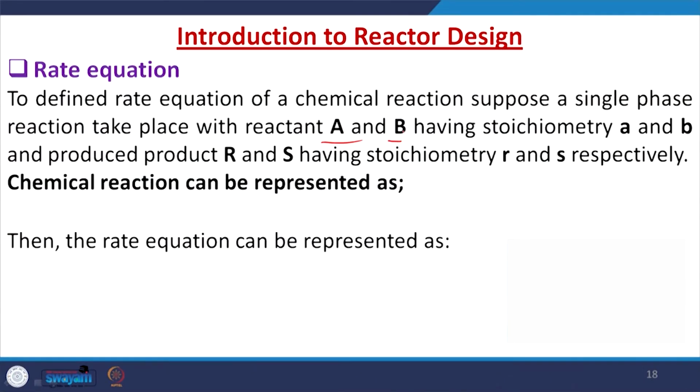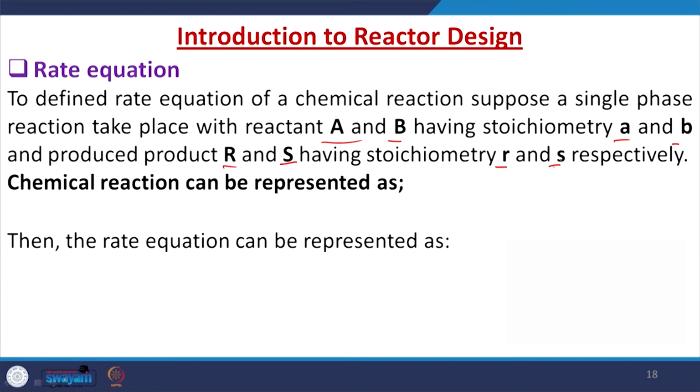Now let's have a brief look at the rate equation. To define the rate equation of a chemical reaction, and this is again very important, suppose we are taking a single phase reaction into cognizance, and there are two reactants A and B, having the stoichiometric numbers small a and small b, and the products are R and S. Again R and S have the corresponding stoichiometric numbers small r and small s.